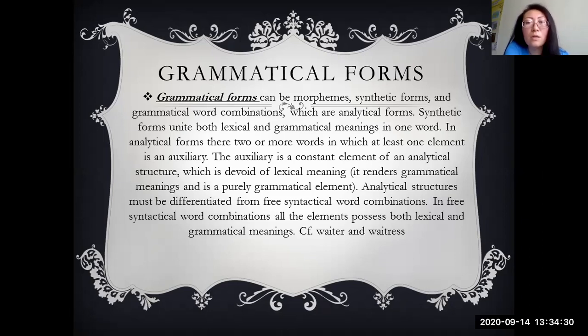The auxiliary is a constant element of an analytical structure, which is devoid of lexical meaning. It renders grammatical meanings and is a purely grammatical element. Analytical structures must be differentiated from free syntactical word combinations. In free syntactical word combinations, all the elements possess both lexical and grammatical meanings.